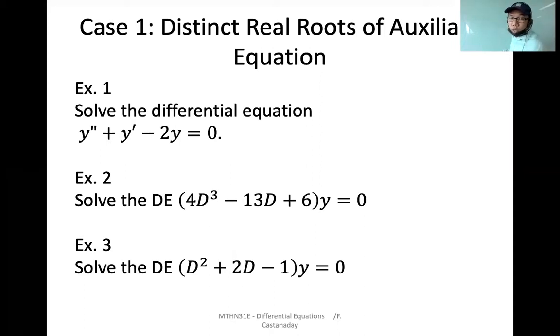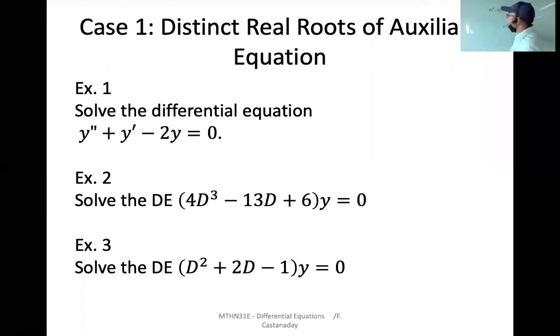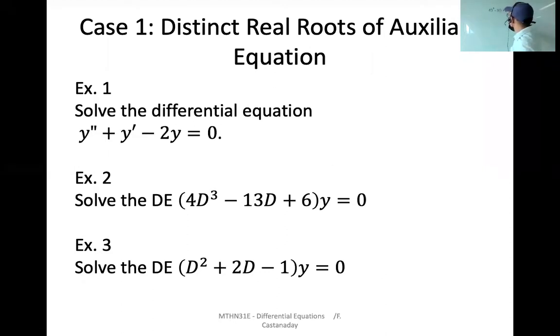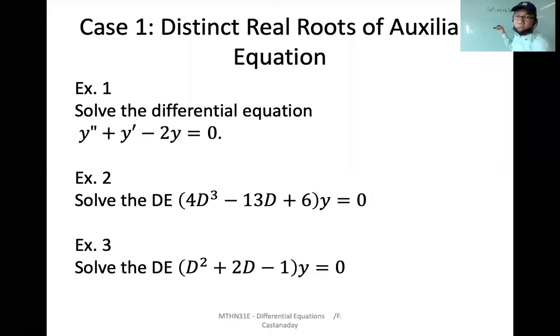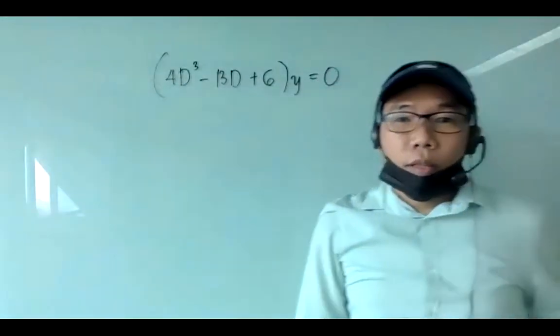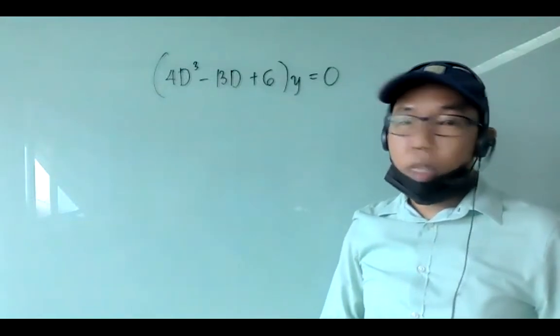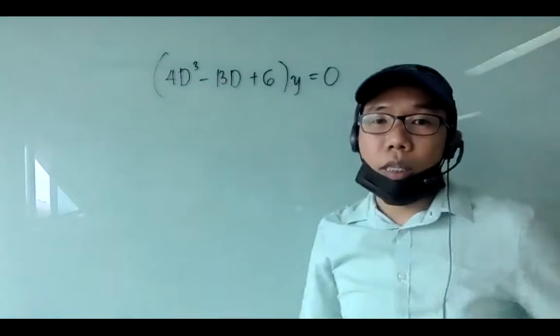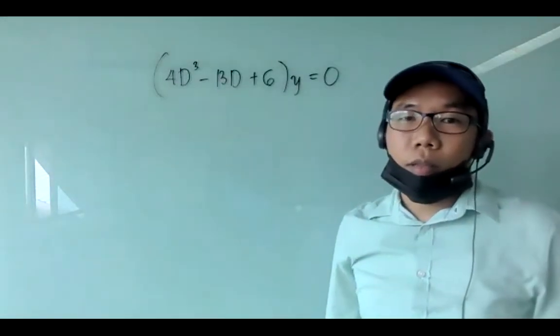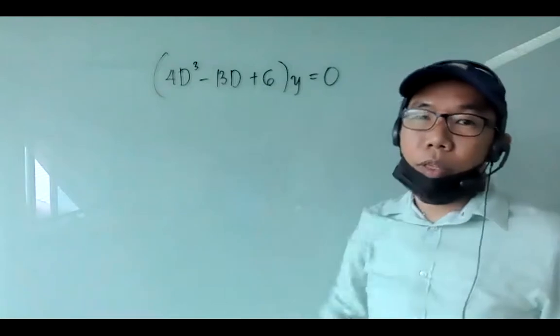Okay, number 2 is for, naka-D operator na dito. 4D cubed minus 13D plus 6, of y, times y equal to 0.